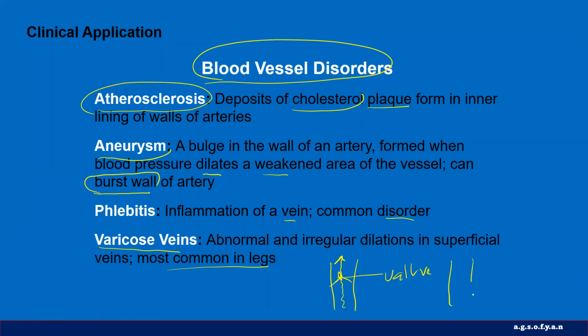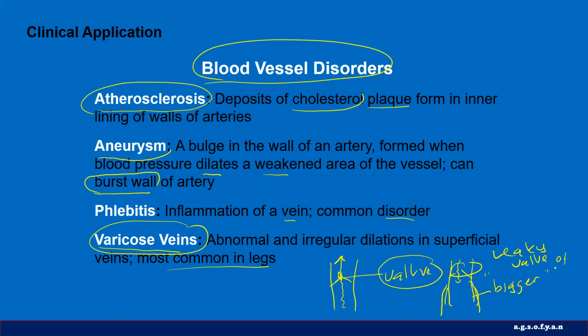But if the valve is leaky and the blood goes back, this vein becomes bigger and noticeable. We can see it under the skin, especially on the leg. And this is what we call the varicose vein due to the leaky valve.